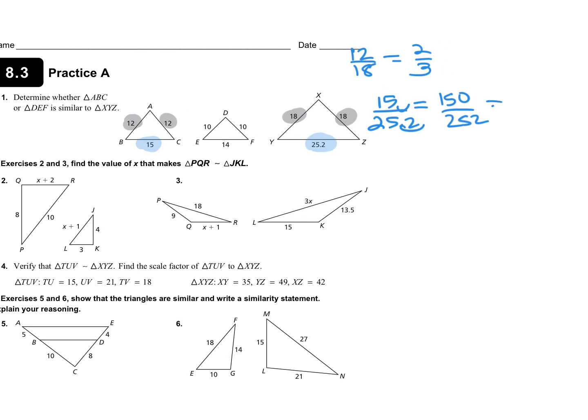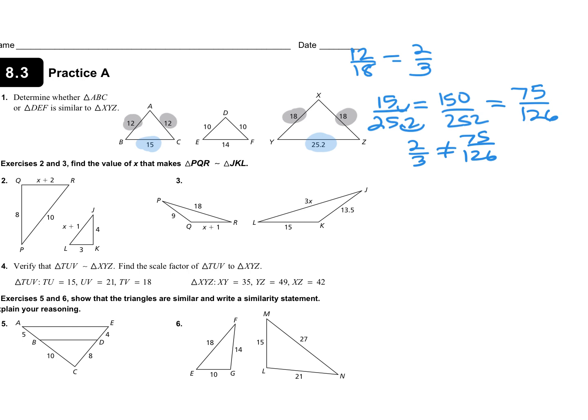I can divide both of these by 2, and I get 75 over 126. I can't simplify that anymore. So because 2/3 is not equal to 75 over 126, ABC is not similar to XYZ.